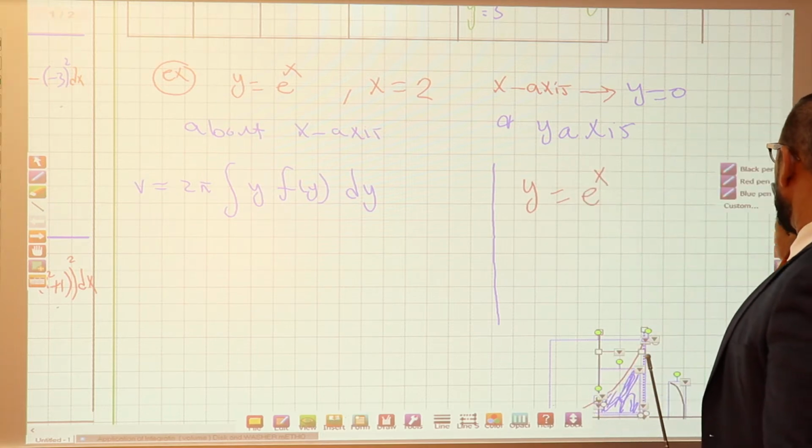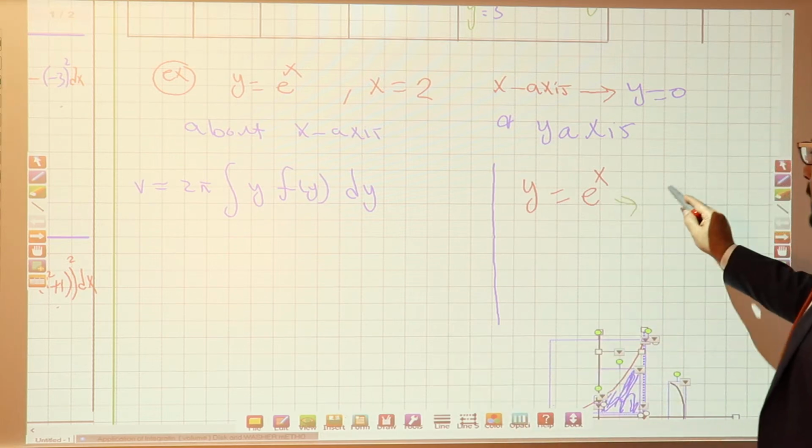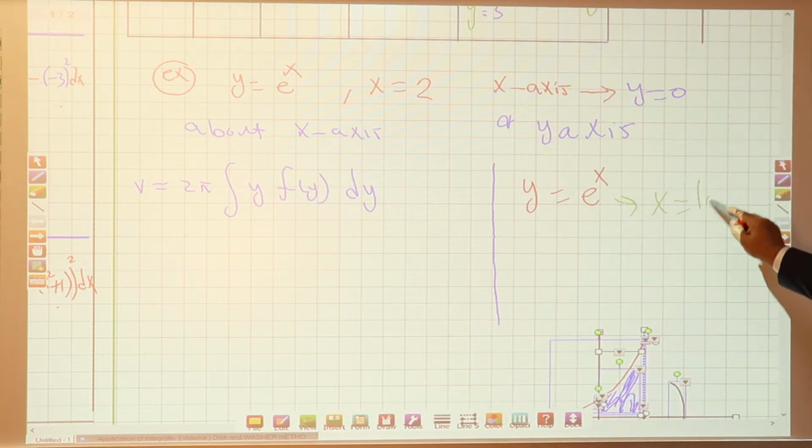This means, from pre-calculus, x equals ln y. Remember this rule. So x equals ln y.